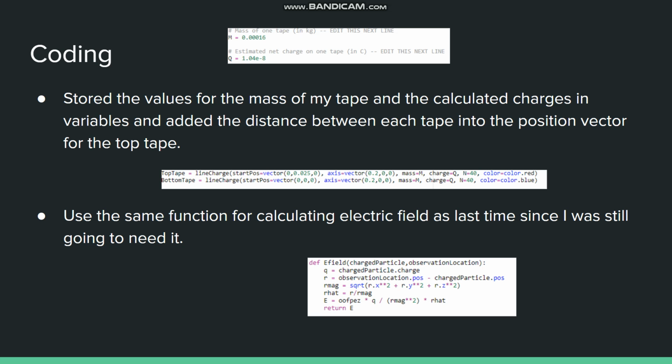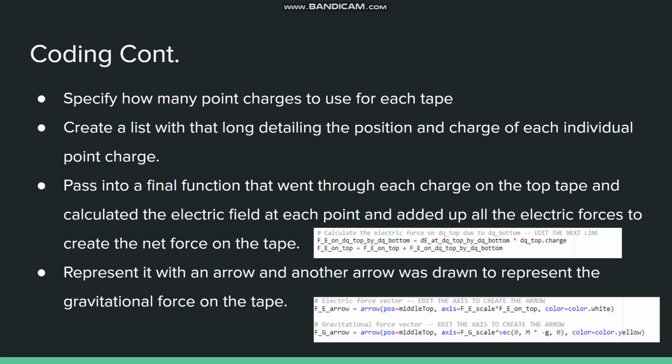So like I just said, we take those stored values of mass, charge, and distance, and we plug them into this new function, and we also take my function for calculating the E field from the last lab and put it into this new function. Essentially what this program does is I specify how many point charges I want on each line of tape, and then it creates a list that long detailing the position and charge of each individual point charge on each line.